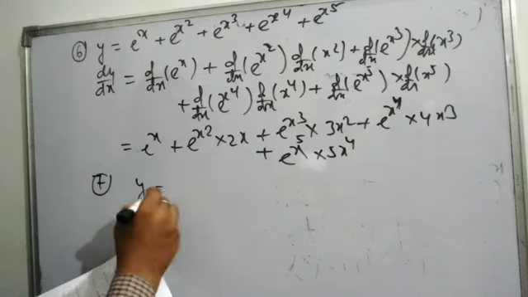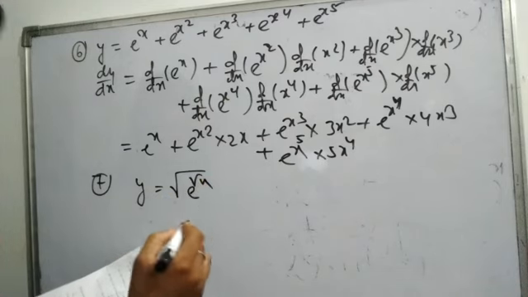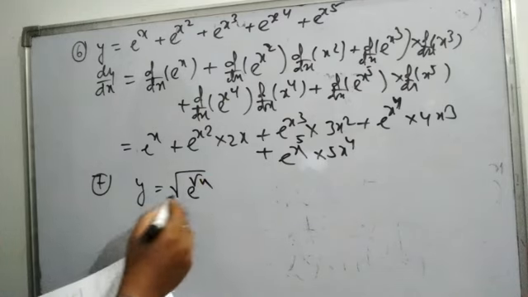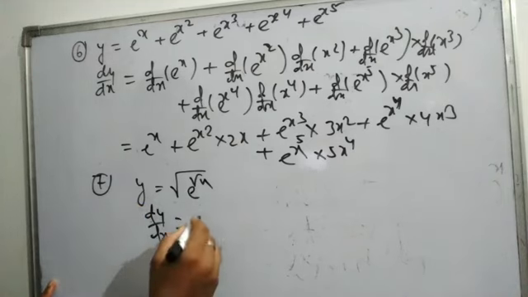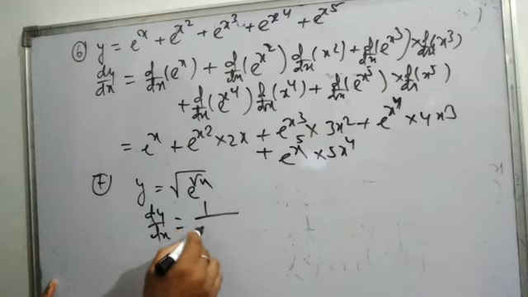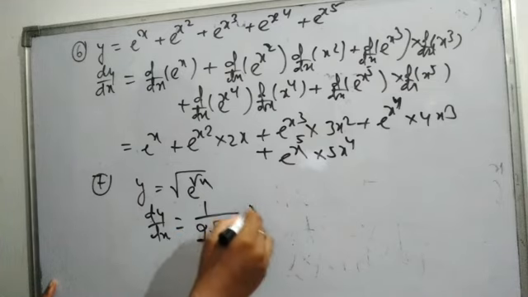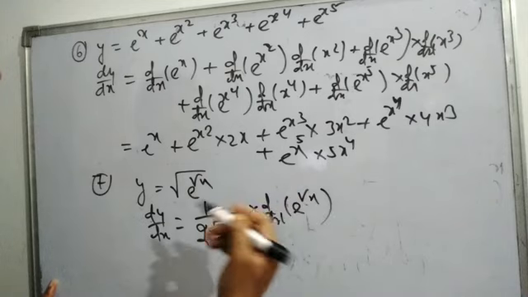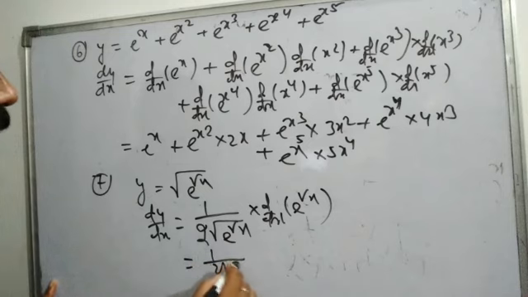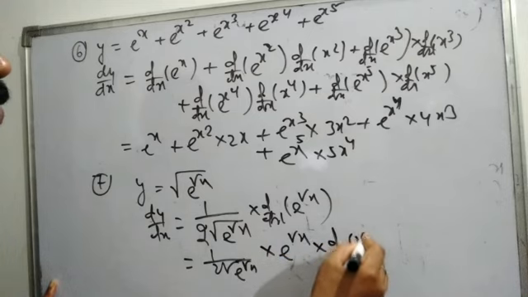It will be y is equal to root e to the power root x. It is a very easy question. The root x format. So dy by dx is equal to what will be? The derivative will be 1 by 2 root e to the power root x, into again derivative of e to the power root x, and again derivative of root x, it is 1 by 2 root x.